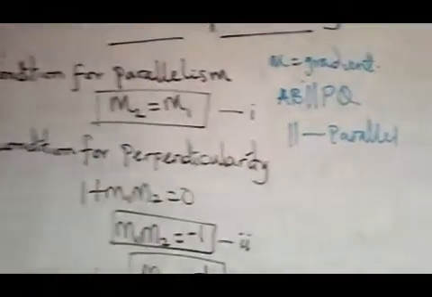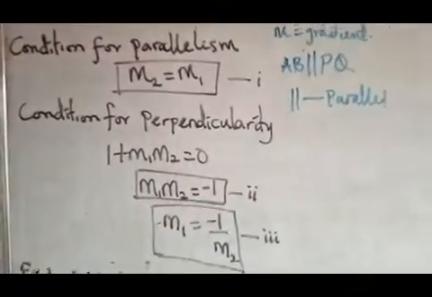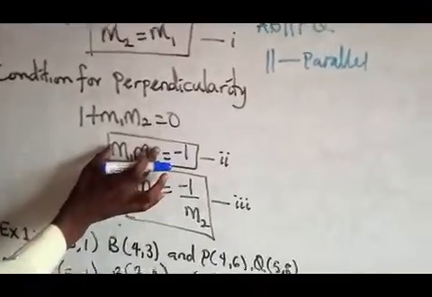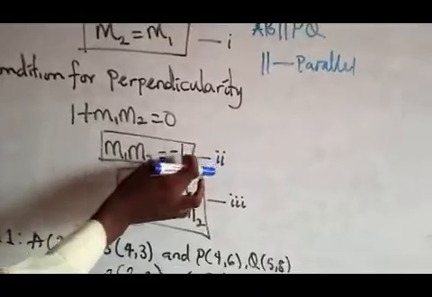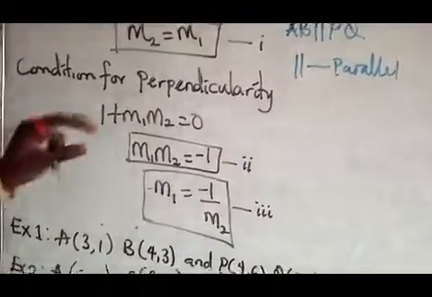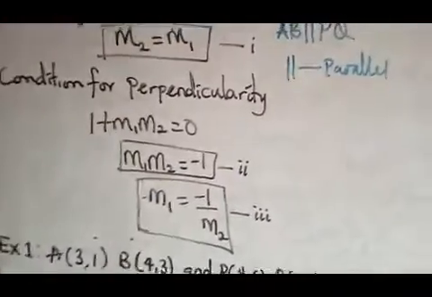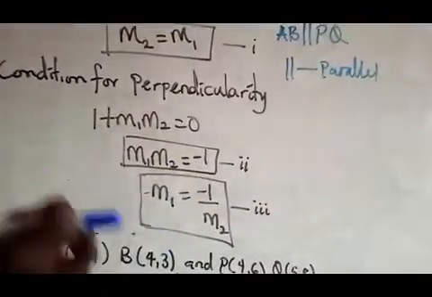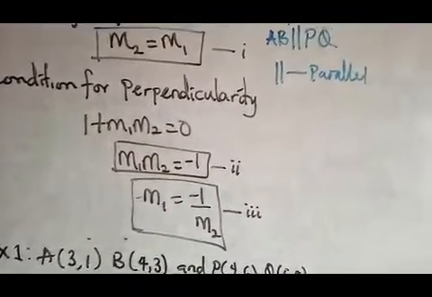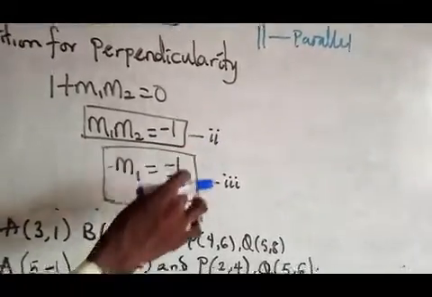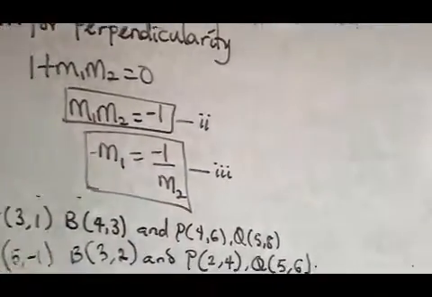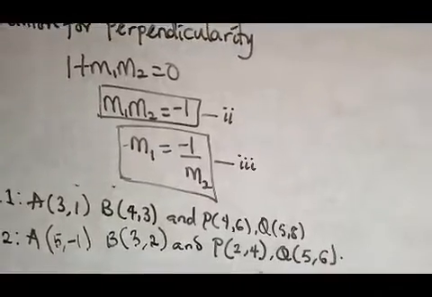So let's get to perpendicular. For perpendicular, it means if the multiplication of my m1 and m2 gives me -1. If I multiply my first gradient with my second gradient and it gives me -1, then I can say that they are perpendicular. Or if my m1 is equal to -1 over m2, then I can also say it is perpendicular.